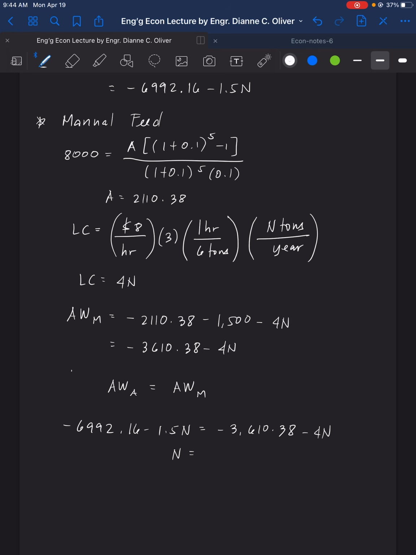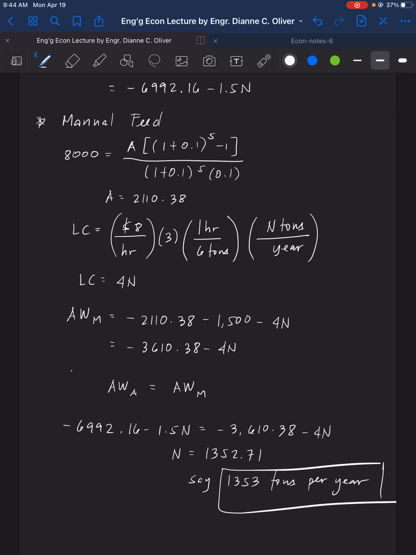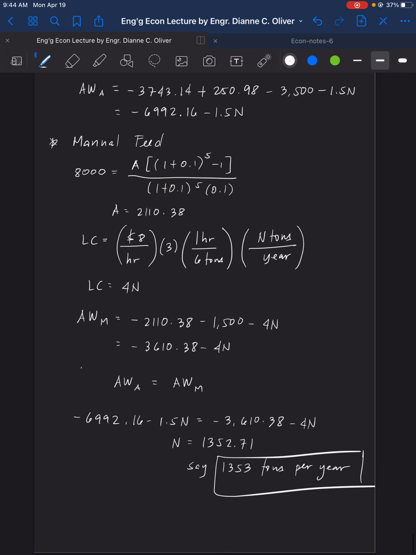So cancel out all negative signs because they're all negative. So N is equal to 1,352.71, say 1,353 tons per year. So that's the break-even point.